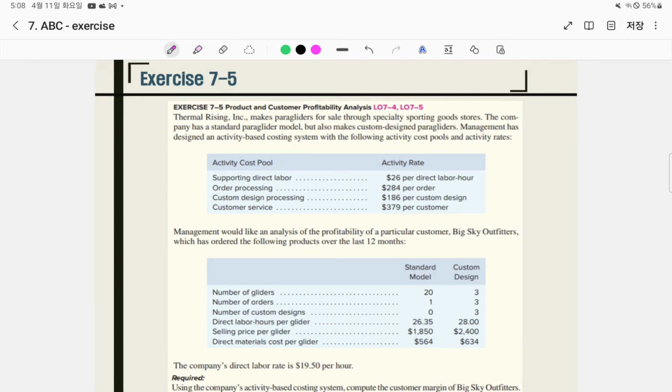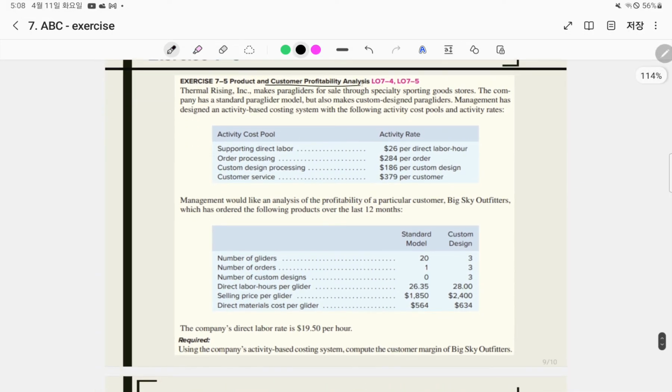In the last exercise, products and customer profitability analysis. So let's compute customer margin. Okay, customer margin. So Thermalizing produces paragliders. And one of the customers of Thermalizing is Big Sky Outfitters.